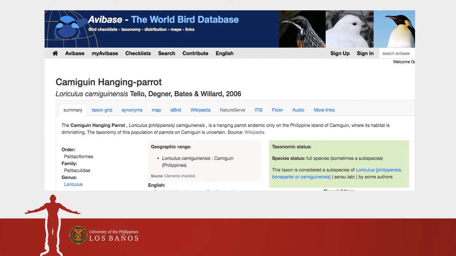Okay, so why do you think this is the case? Were there attempts to also elevate other subspecies of Loriculus philippensis? And what may be the reasons for the attempts or the lack thereof?